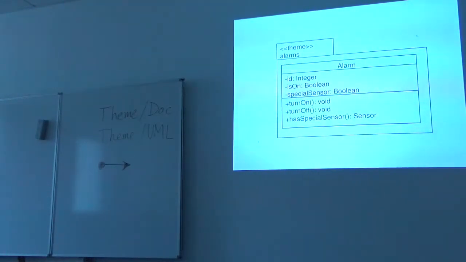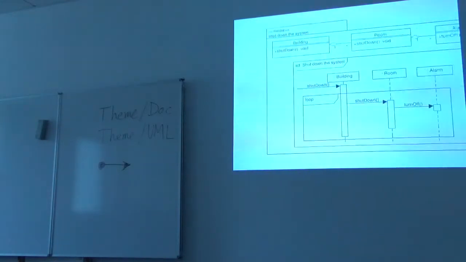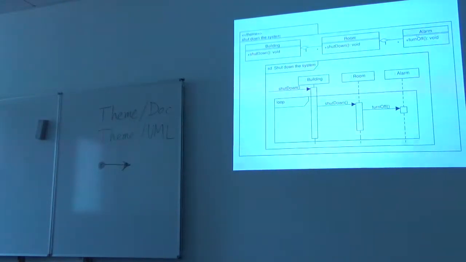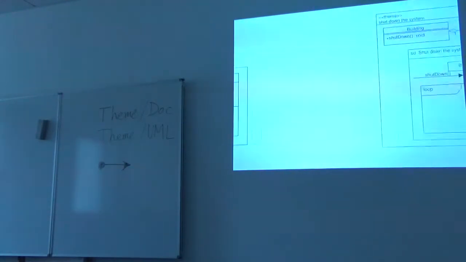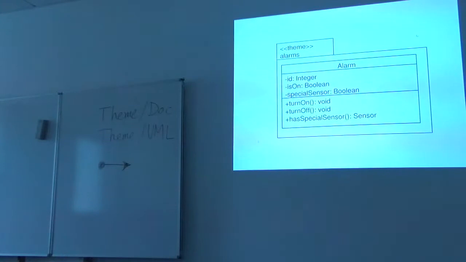So it's not just that this class can be turned off, or an object of this class can be turned off, but there are other things. So there's also this turn off concept here repeated. When we'll be composing this, we will have to decide what has precedence, or maybe the versions will be the same, or whatever.